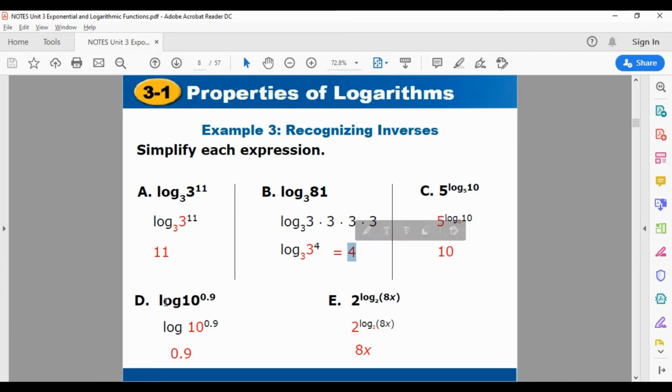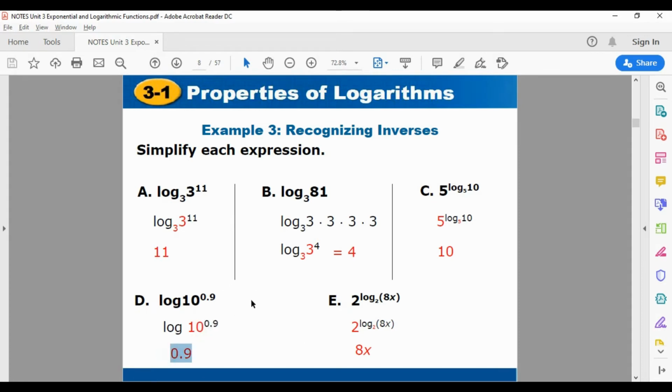In logarithms, if the base is not listed and it's written as log, that is understood to be base 10. So this line right here is actually saying log base 10 of 10 to the power of 0.9. So your answer is going to be 0.9.